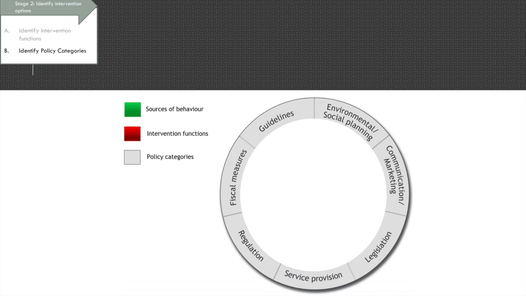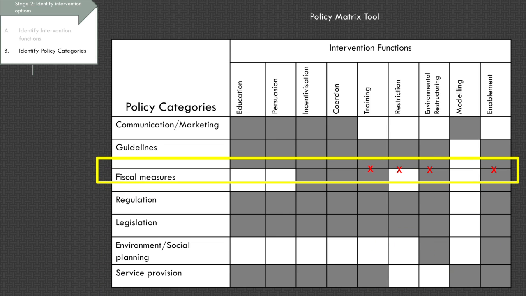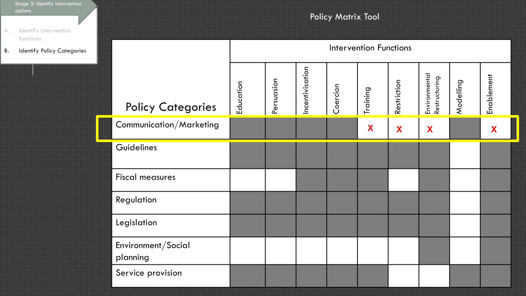So to help us understand which functions are available to us through mass media, we can use what's called the policy matrix tool. So if we look at the policy matrix tool, we can see that for communication marketing, factors such as training, restriction, environmental reconditioning, and enablement, those factors are not available to us.